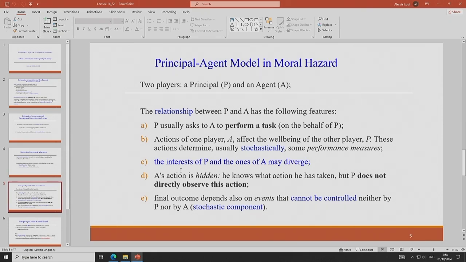If in a game theoretical approach both players have the same bargaining power, so there's no dominant position, in a principal-agent problem, and we will see many applications of those, the key feature is that the principal has all the bargaining power compared to the agent. I'm the one hiring, I'm the one doing the screening, I'm the one that would like A to perform a task on my behalf.